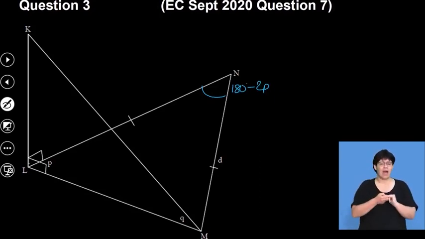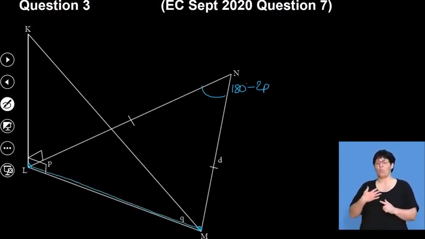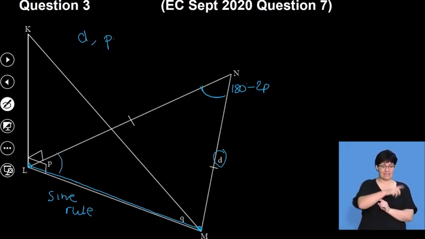And we're trying to get the length of this side over here, LM, in terms of D and P. So we're going to use the sine rule, because we have the angle opposite the side we're looking for, and we also have the angle opposite D, which is equal to P. So we're going to use the sine rule in that triangle.